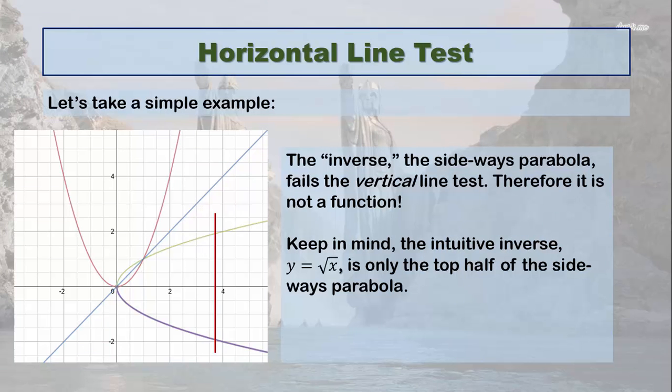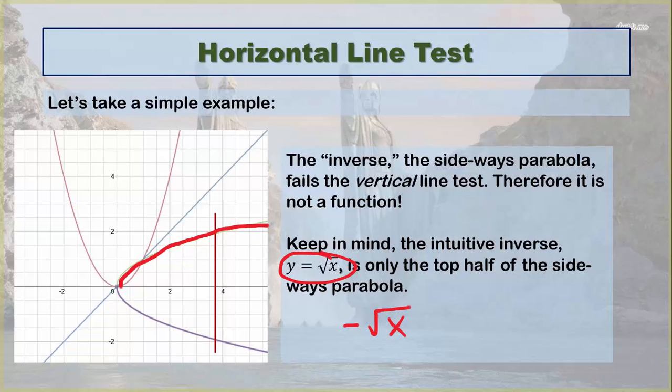And if you think about what the inverse of x squared is, you would probably be thinking that it's y equals the square root of x, which is true. But when you take y equals the square root of x, actually the only thing that gives you is the top half of the graph. You would have to graph negative square root of x to get the bottom part of the graph.